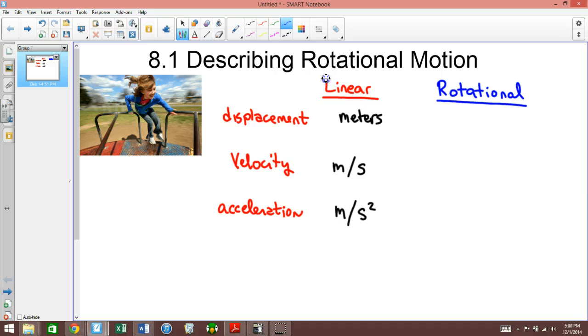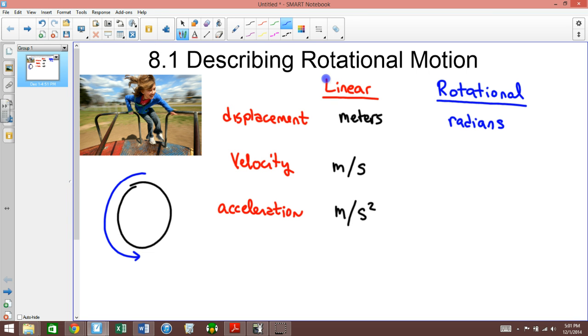Now, rotationally, we're going to talk about how far does something rotate. Like if you've got your merry-go-round over here, if it rotated from here to here, we have displacement. Normally, if you were talking about degrees, you would say this rotates 180 degrees. But unfortunately, in physics, we don't use degrees. We're going to end up using radians.